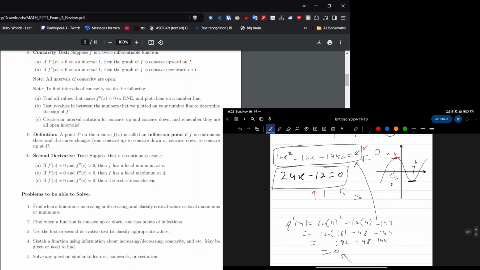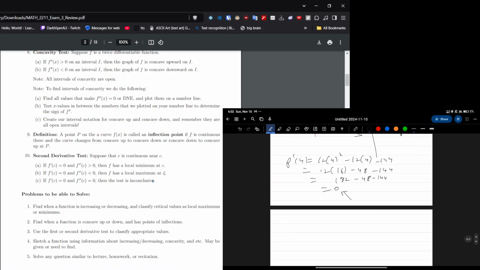If I plug it into the second part, f''(x) equals 24x minus 12, and if I plug in 4 over here, this becomes 24 times 4 minus 12.